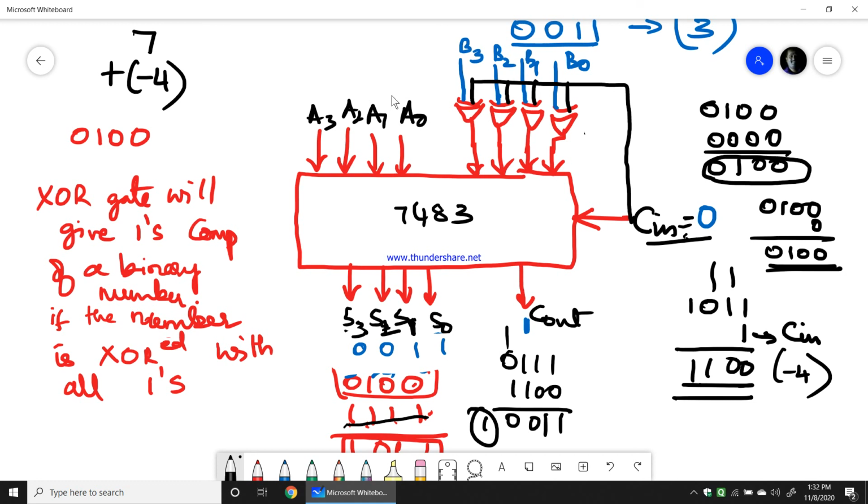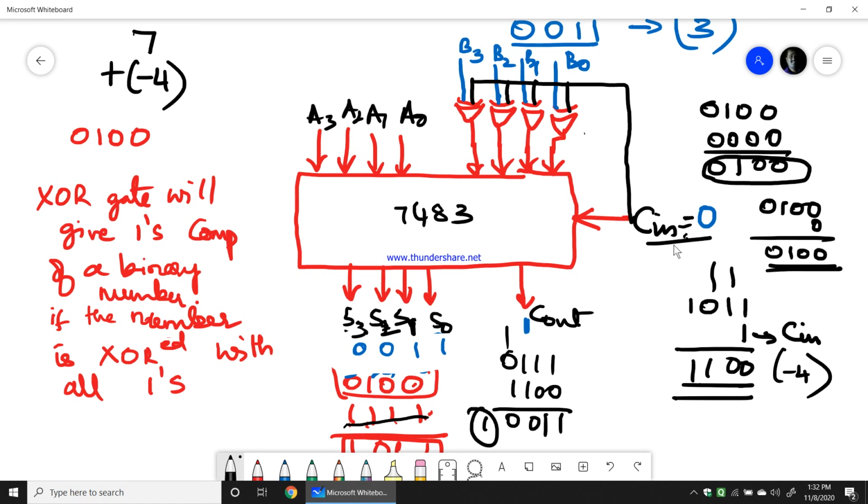So for a parallel adder, when I make Cin equals 0, even though the XOR gate is connected, the output of the XOR gate will give the same data that I have given for B3, B2, B1, B0. So even with the presence of the XOR gate, it still gives the same number, and that same number can be added with A3, A2, A1, A0.